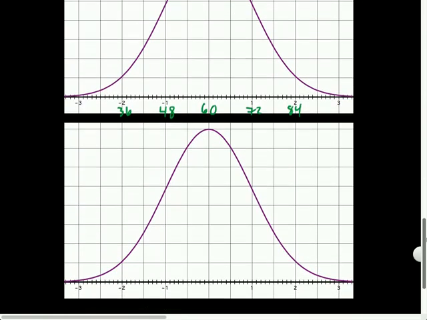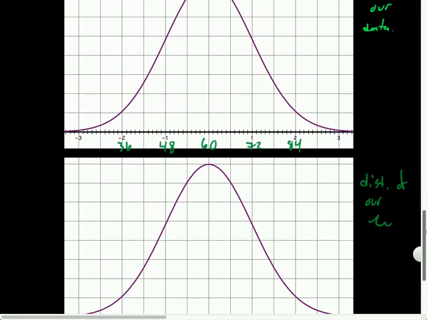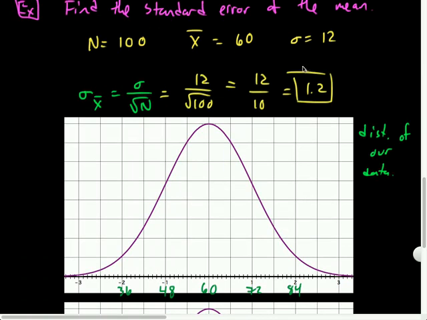And then this graph is going to be the distribution of our means, of our possible true means. The sample's mean was 60, and it would be really great if that actually was the mean of the entire population, but that's unlikely. And now sigma sub x bar is 1.2.